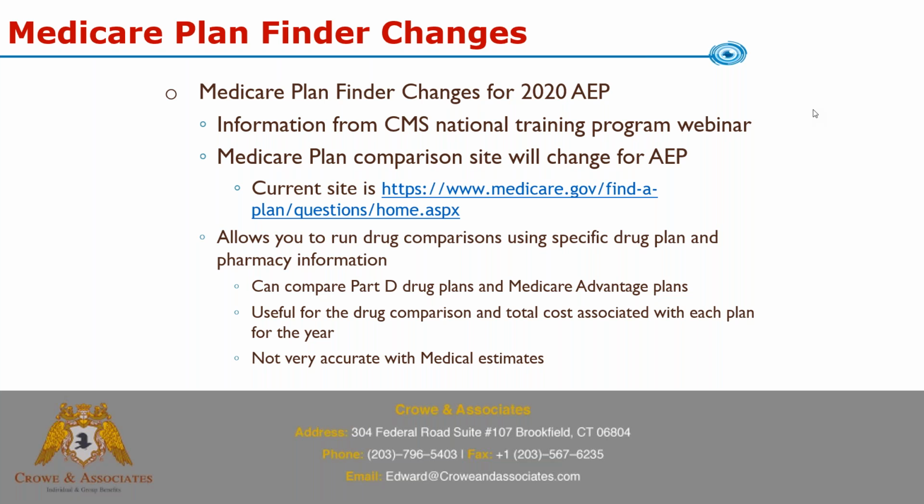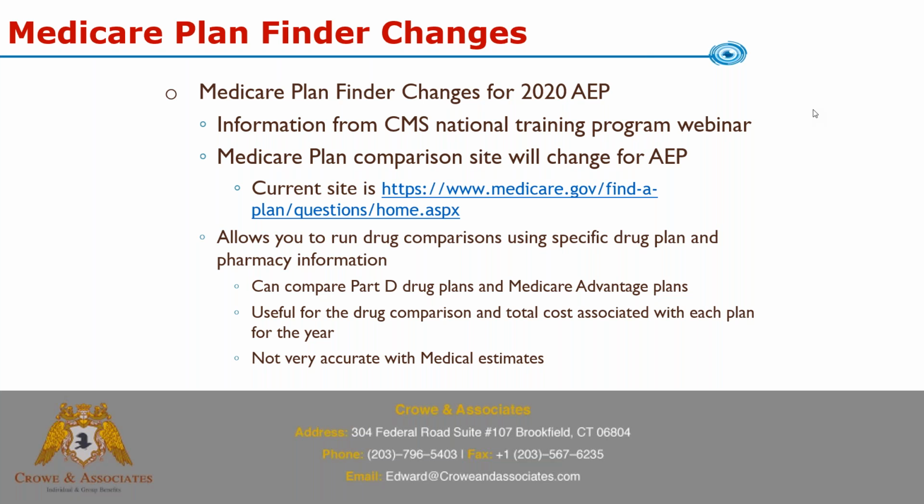If you go to Medicare.gov/find-a-plan, that's going to take you to the CMS site where you can enter somebody's drugs and run the comparisons between drug plans and Medicare Advantage plans, and it'll show the total cost associated with each plan. It factors in premium, deductible, and expense at the pharmacy. It'll show you how much it's going to cost them for the year, and that way you can find the best standalone PDP or Medicare Advantage plan for them from a drug utilization standpoint.